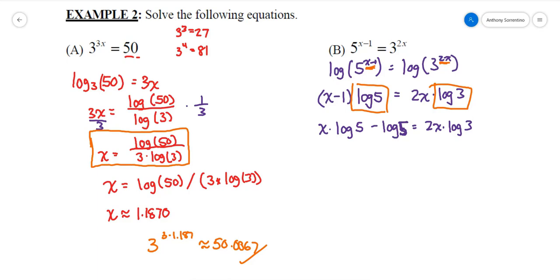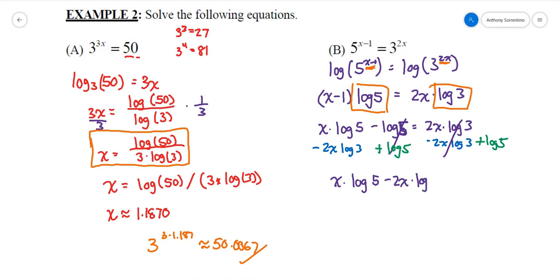I like having my variables on the left, so I would subtract 2x log 3 from both sides, and I would also add log 5 to both sides. And so what happens with those is that, I got a cancellation here, I have a cancellation here. So I have x times the log of 5 minus 2x times the log of 3 equaling the log of 5.